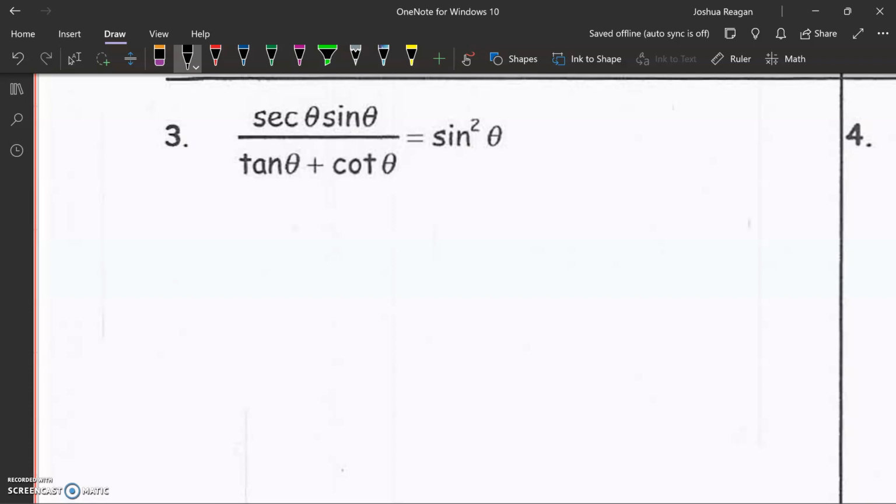So secant theta is 1 over cosine theta, and that's being multiplied by sine theta there on the top. So right here, what I've written so far, that's our numerator. That's all over tangent theta plus cotangent of theta.